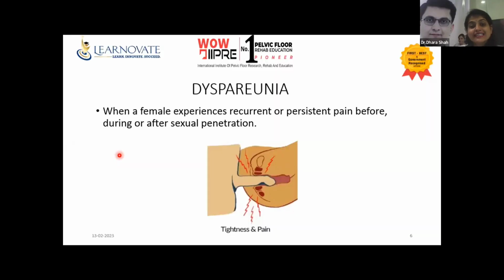And the second terminology is dyspareunia. Vaginismus is different and dyspareunia is different. Dyspareunia means when a female experiences recurrent, persistent pain during or after sexual penetration.